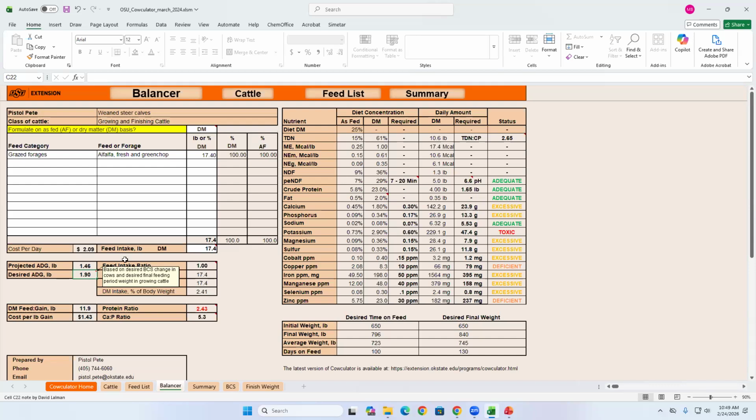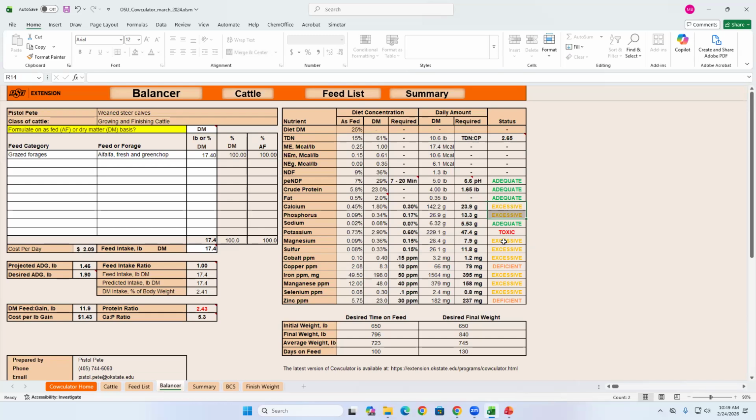Okay. So here, this is kind of a summary table where we can identify deficiencies. Ignore this toxic, right? If it's a forage, we can't control how much potassium that forage has. So we can ignore that toxic. I don't know why they have it. But you can see a lot of these minerals are excessive.